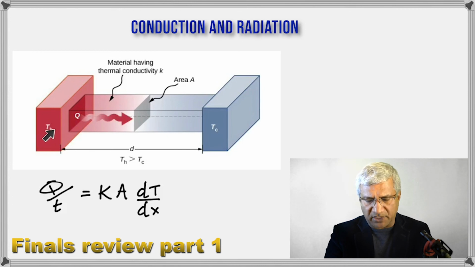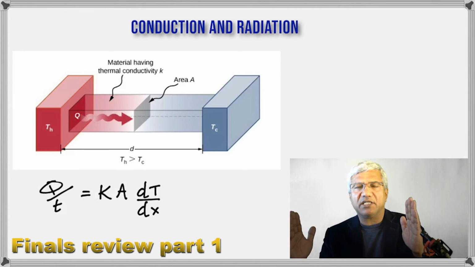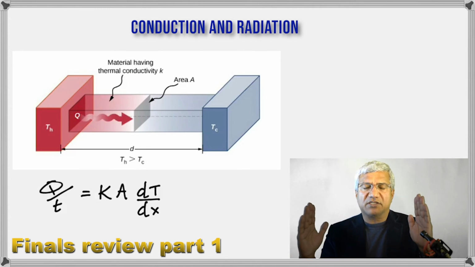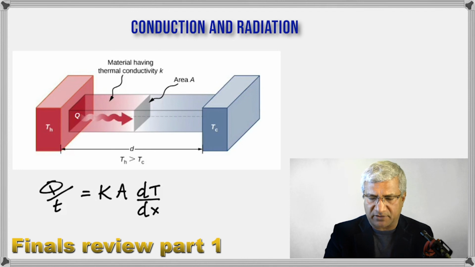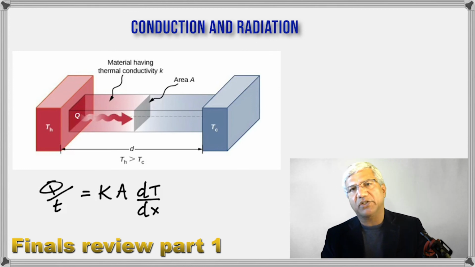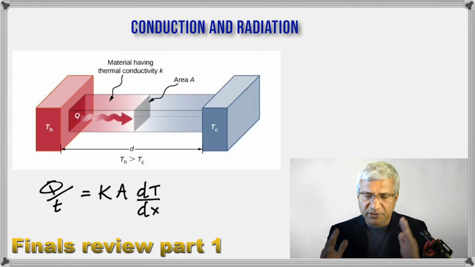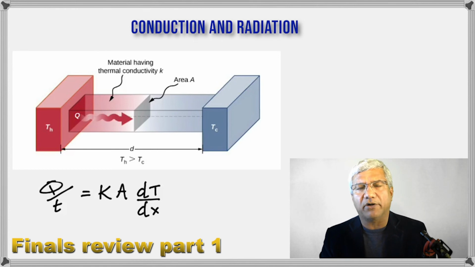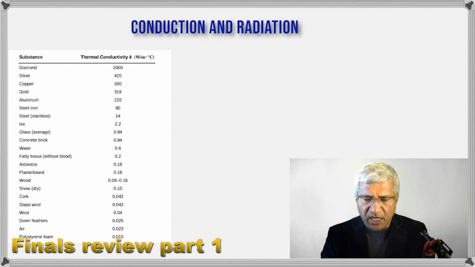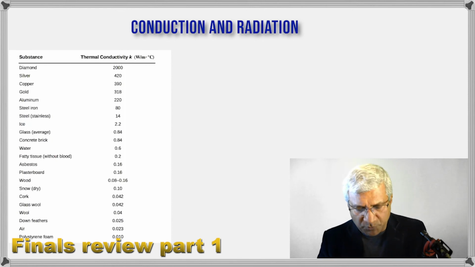According to this diagram, it is Th minus Tc. And the distance that separates them is dx or d. dT is the difference in temperature and dx is the distance between those two points. So dT/dx is actually called the temperature gradient. We could work out a problem just to show you how this is practically applied.